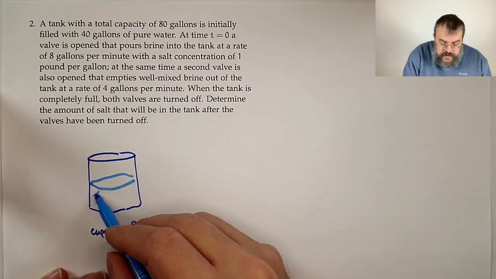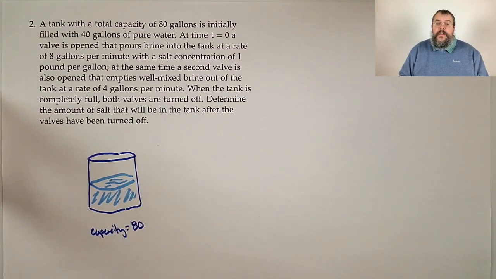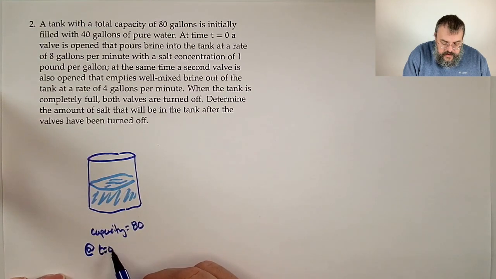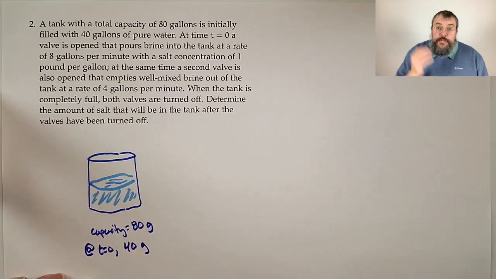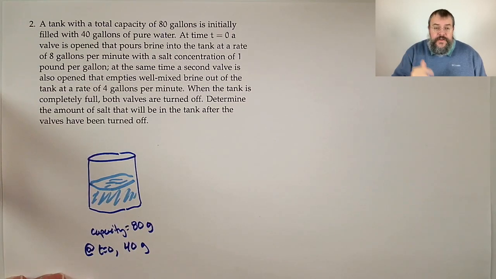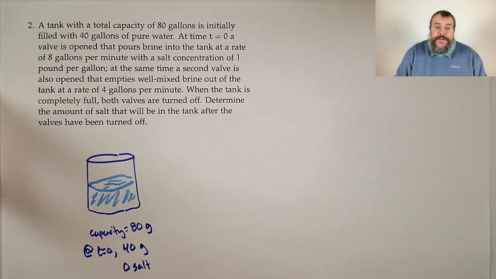So here's our water at time 0. All right, great. Now, we put some notes here. At t equals 0, we have 40 gallons. We'll put some units here. And it's pure water. Well, notice that we're talking about salt. And so, 0 salt. That'll be important.